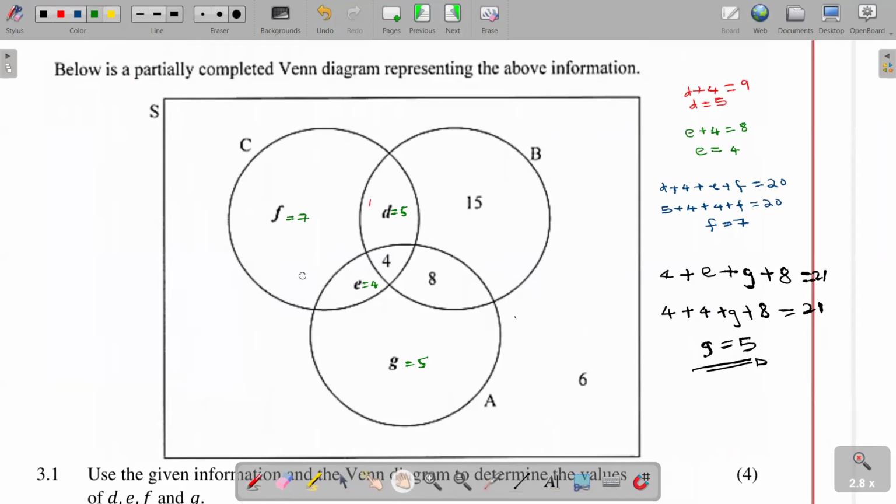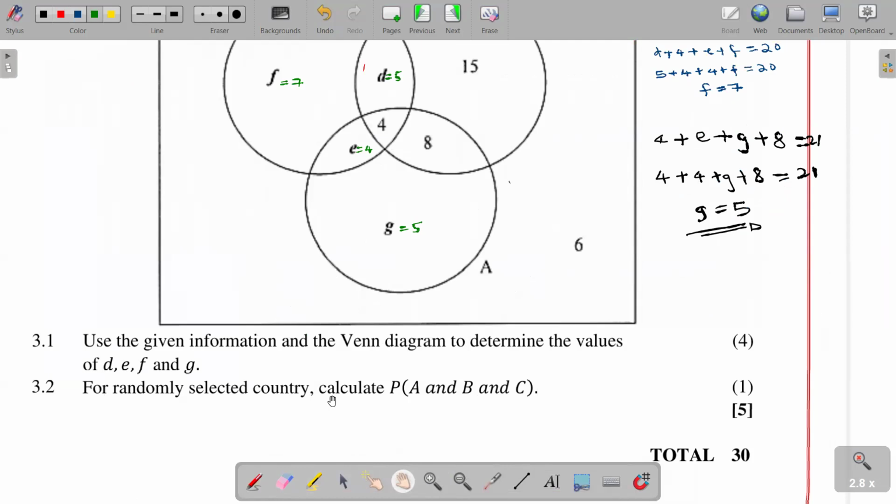Then the last part is saying, for randomly selected countries, calculate the probability of A and B and C. If you check from the graph, the number of A and B and C is what we are going to take. The number of A and B and C is this part where we have everything. How many are there?